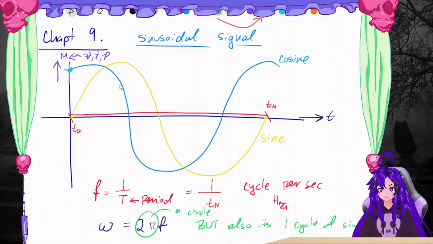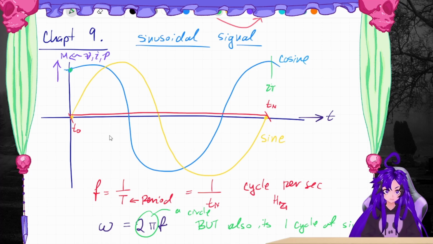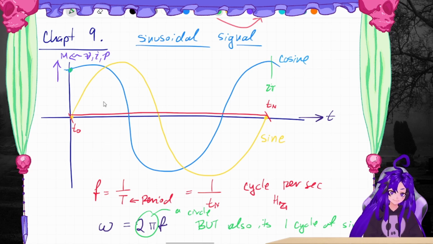So this to this, 2 pi. Either one. This is why they're interchangeable, and because they're interchangeable, we picked one. We picked cosine, and I don't know why, but we picked it.